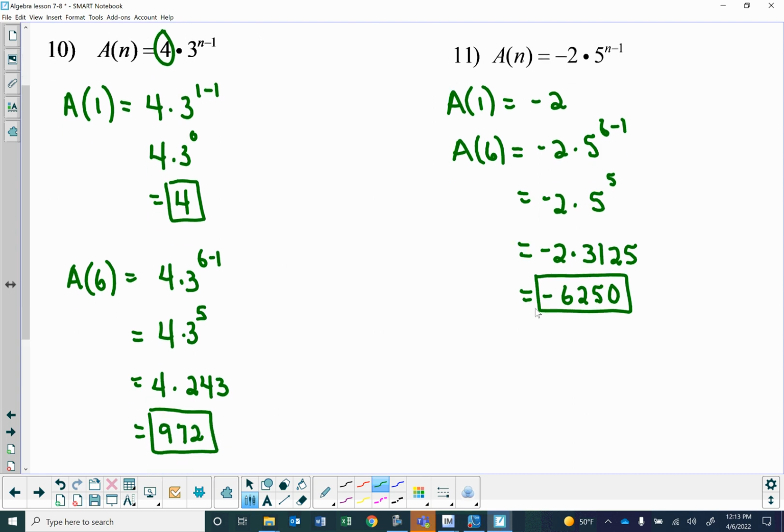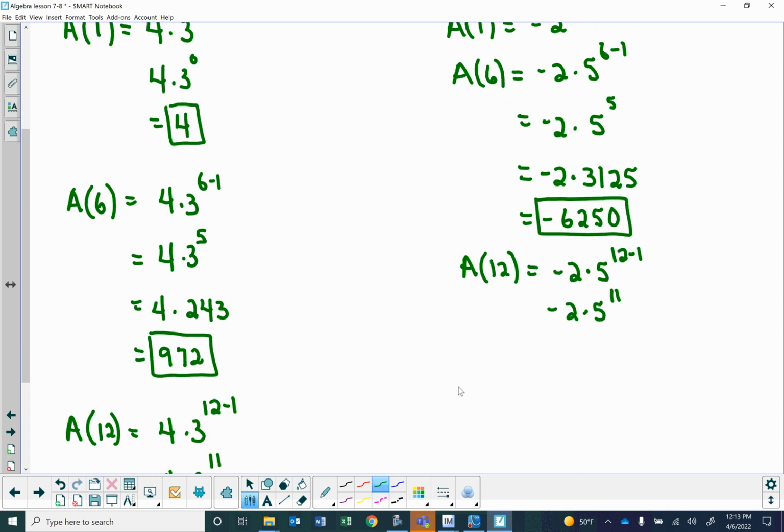And last but not least, our 12th term, A of 12, will equal -2 times 5 to the 12 minus 1, which is -2 times 5 to the 11th power. 5 to the 11th power is going to be a very large number, 48,828,125.